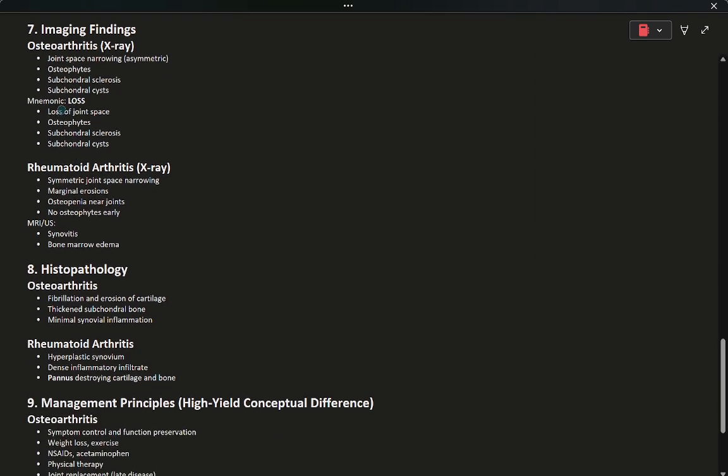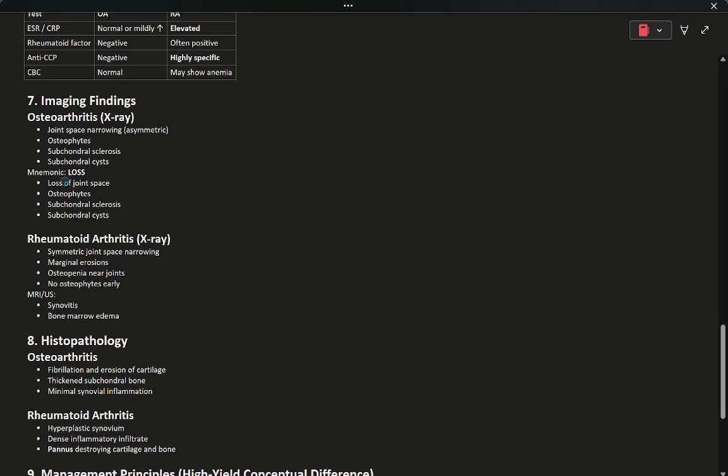A very helpful strategy to remember these key findings on x-ray is to think about the mnemonic LOSS. L stands for loss of joint space. O stands for osteophytes. S stands for subchondral sclerosis, and another S stands for subchondral cyst.